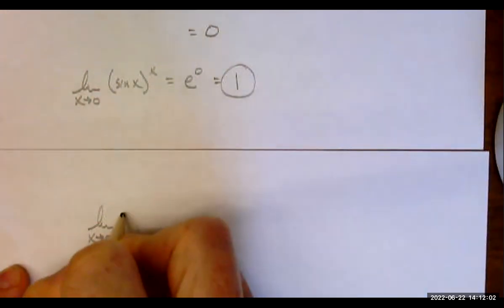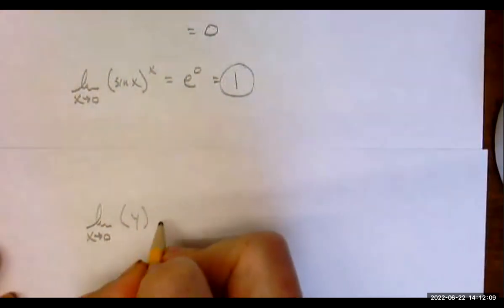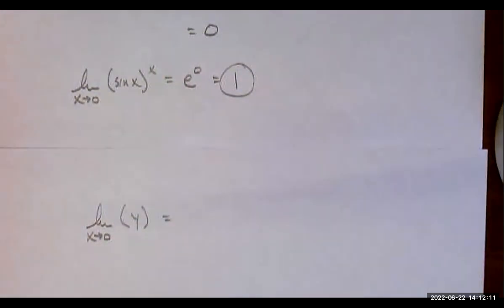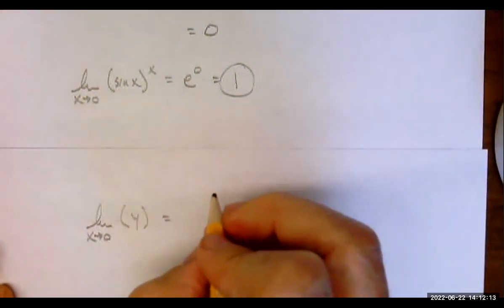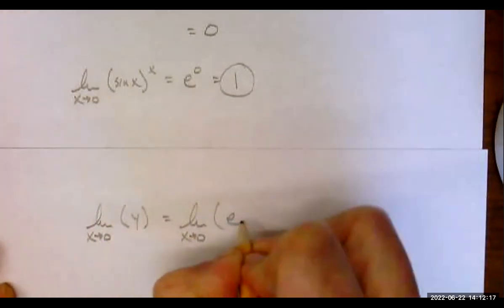We wanted to know the answer, limit as x approaches 0 for y. So what we did was say, okay, I'm going to do the limit as x approaches 0 of e raised to the natural log of y. Well, that would be the same thing.